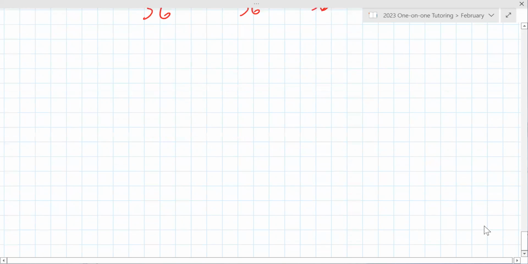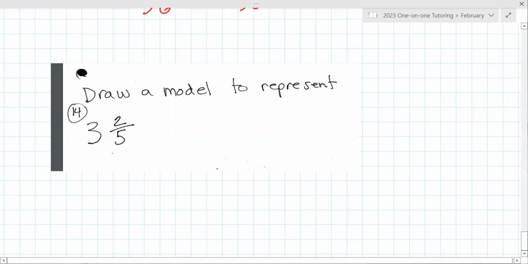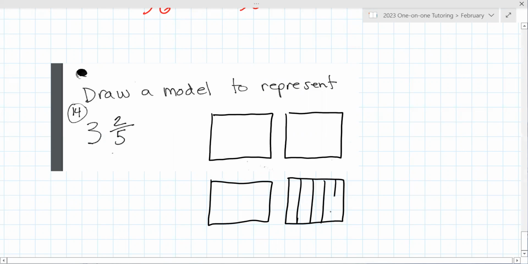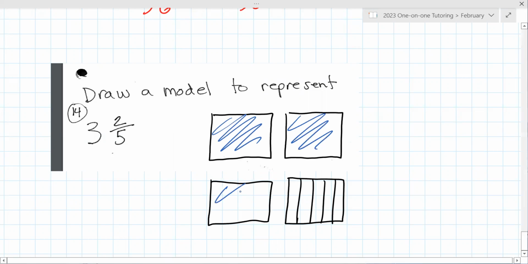The last one here, draw a model to represent 3 2/5. So the idea is that this is a whole, this is a whole, and this is a whole. That's the threes. What I did is I drew 4 squares, each with 5 sections in them.